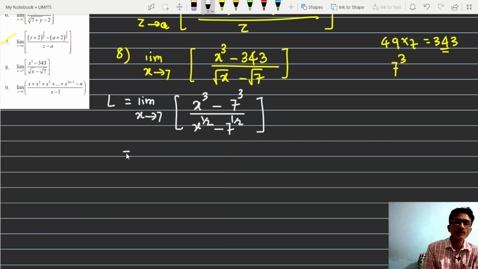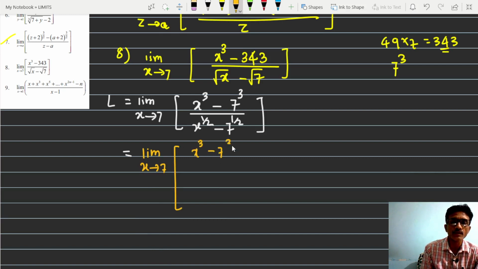Now we divide numerator and denominator by x minus 7. The limit x tends to 7 of (x raised to power 3 minus 7 raised to power 3) divided by (x minus 7) over (x raised to power 1 by 2 minus 7 raised to power 1 by 2) upon (x minus 7).